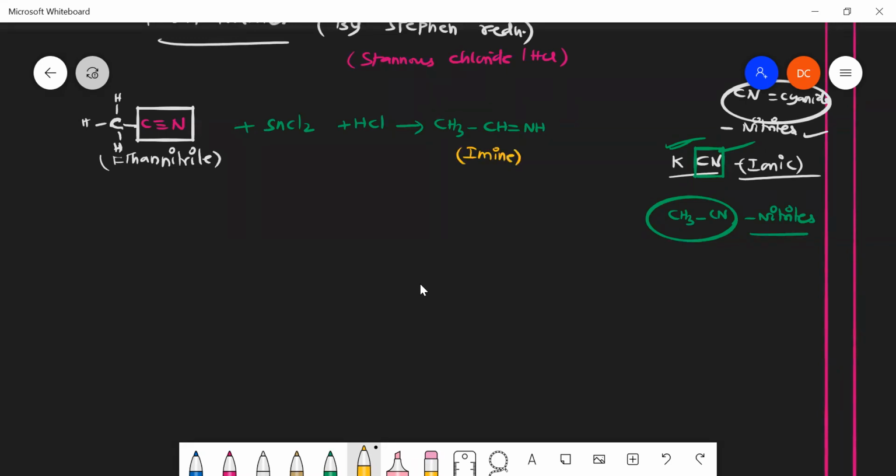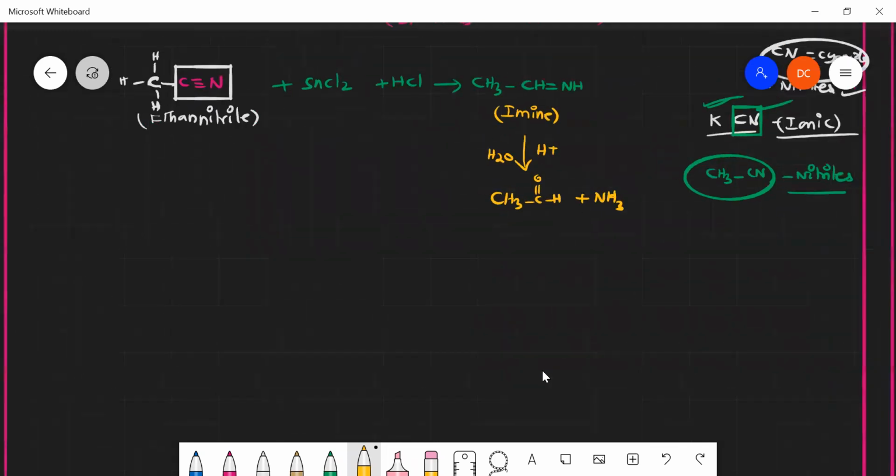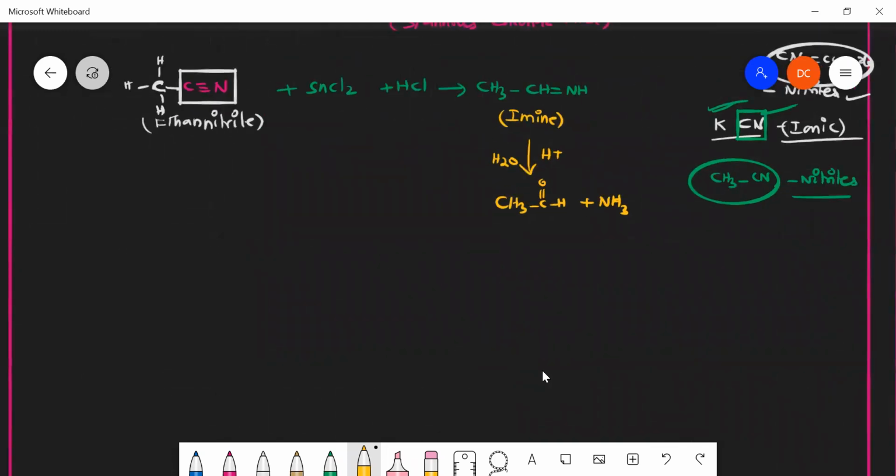Once I get an imine, in the presence of an acid, if you hydrolyze it, I'll get my product, CH3CHO, the aldehyde, along with ammonia. So this is the overall reaction. Ethyl nitrile in presence of SnCl2 and HCl will initially form imine as an intermediate. If you hydrolyze the intermediate, what will you get? Aldehyde as a product. Okay.